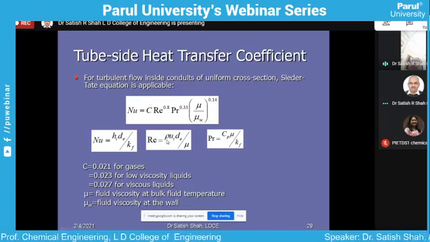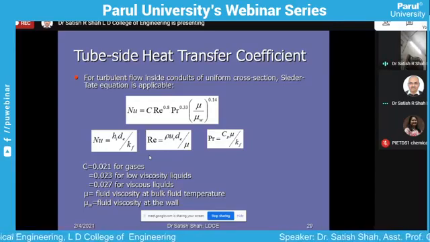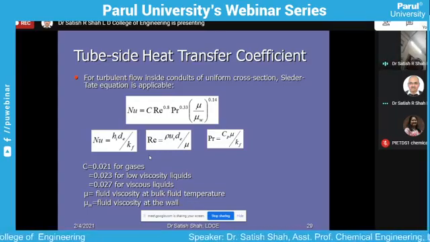All right. Suppose you are using an MKS system: you have to take rho in kg per meter cube, u in meter per second, D_e in meter, and mu, that is viscosity, in kg per meter second. If you take it like this, it will become dimensionless.